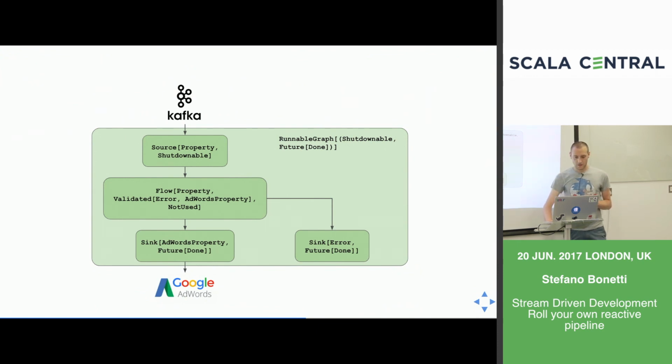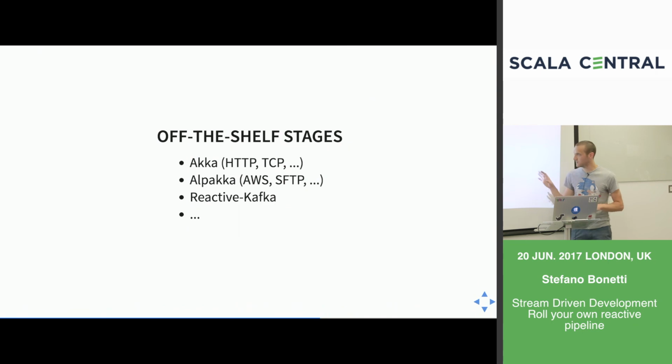So now we have defined the types, so we're happy with that. We want to move on to the code. So this is actually a good moment to look around for any library that might provide stages that do the job that you need. I've listed some of them here.